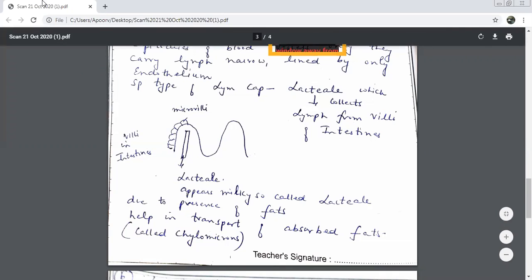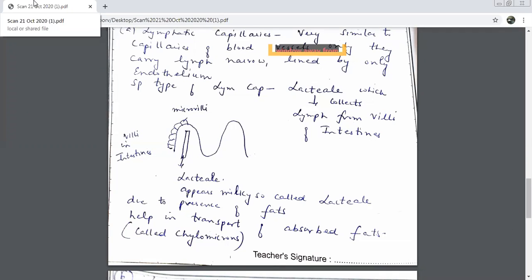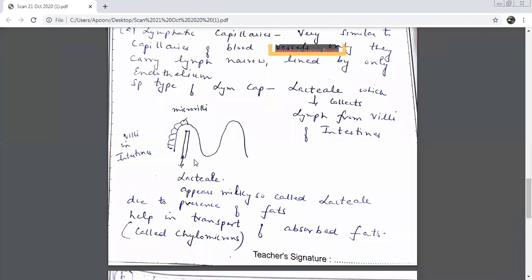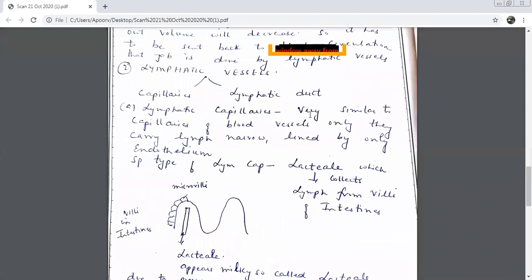What is the function of lacteal? Transport of absorbed fat from intestine. So these fat globules present in the lacteal, because of which this capillary appears milky, are known as chylomicrons. So we were talking about capillaries. We said all capillaries are alike.